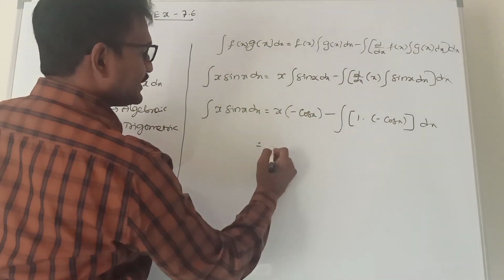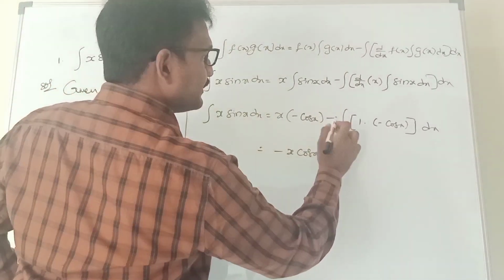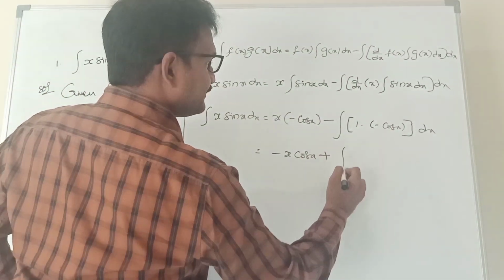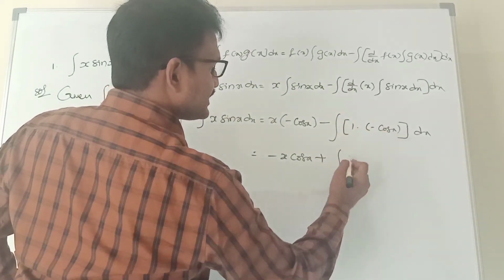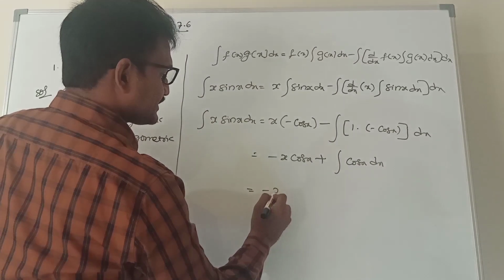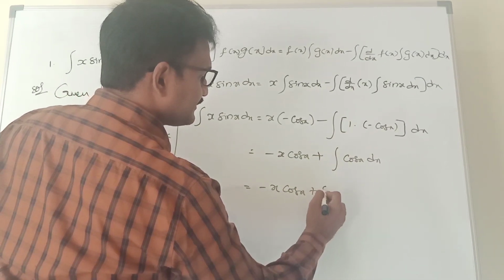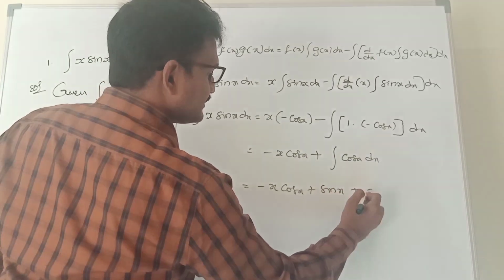So x into minus cos x, minus, minus into minus is plus, 1 into cos x dx. So minus x cos x plus integration of cos x is sin x plus c.